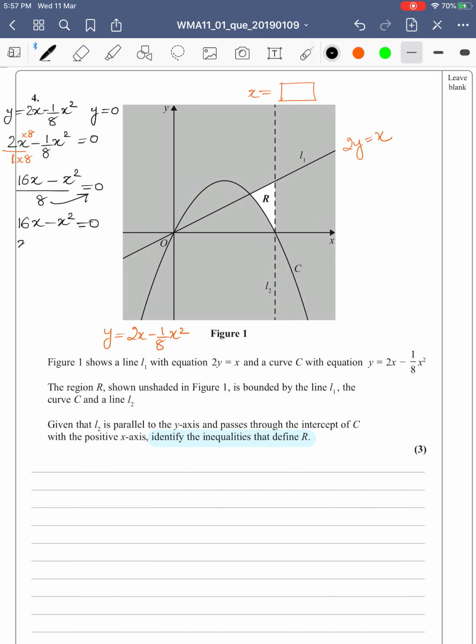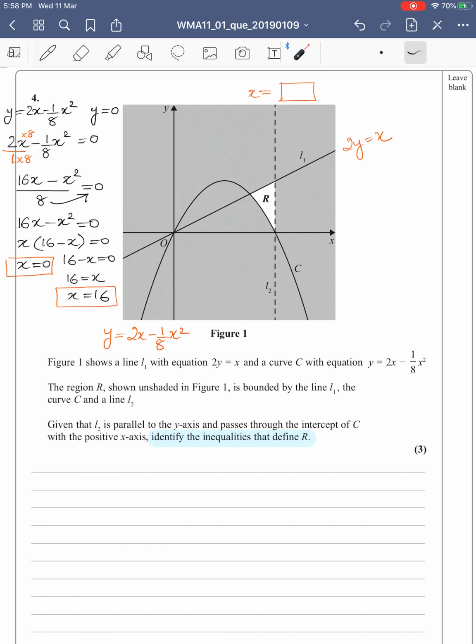Now we factorize to solve it. x into 16 minus x is equal to 0. Therefore, x is equal to 0, or 16 minus x is equal to 0, so 16 is equal to x, or x is equal to 16. So our two solutions are x is equal to 0 and x is equal to 16.